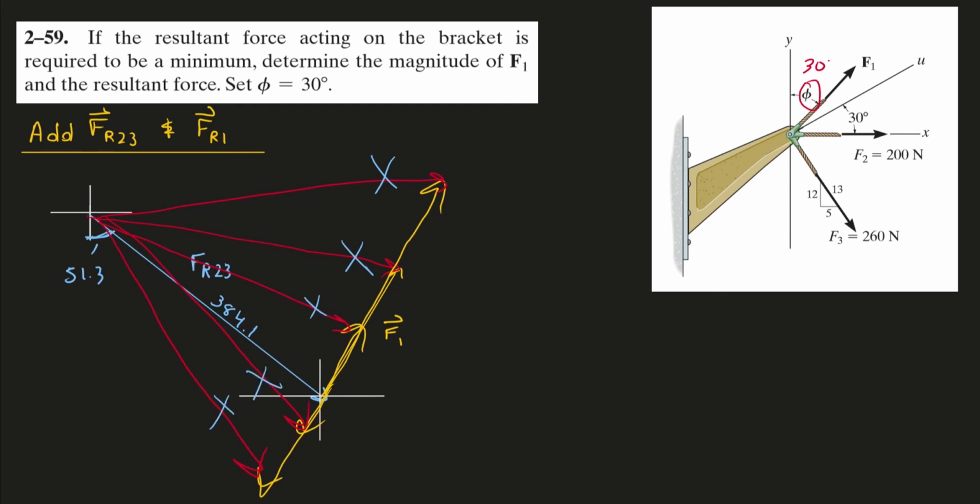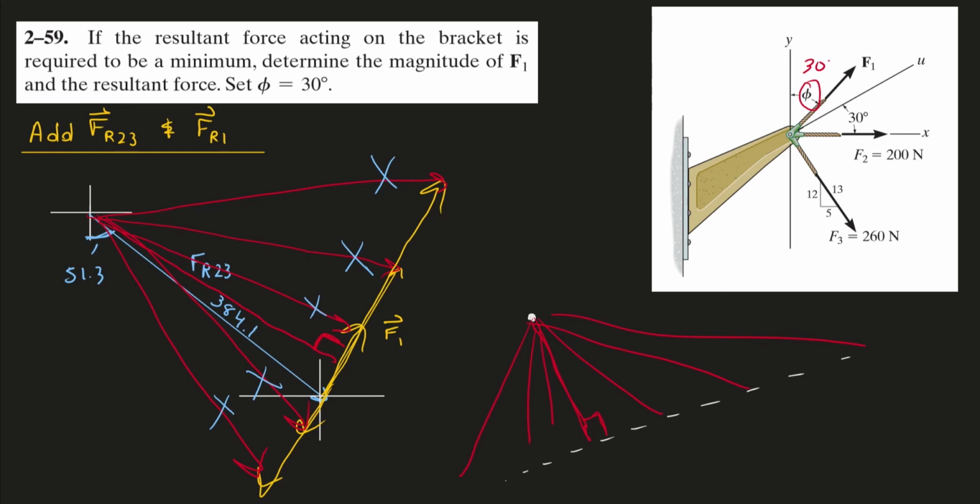So it turns out the one that will make it the shortest is if you draw it at a complete 90-degree angle with the direction of F1. If you imagine a point here and just some dotted line, what's the shortest distance between this point and the dotted line? Well, just imagine all the possibilities. And the one that wins out is the one that's 90 degrees. It's going to be none of the other ones.